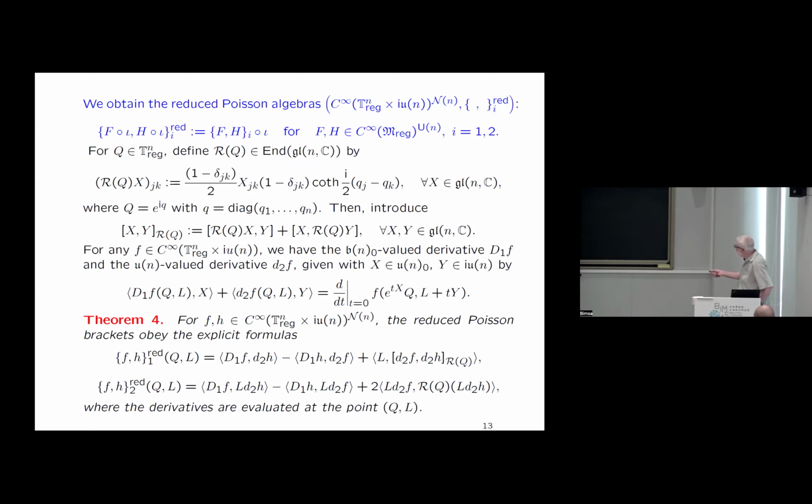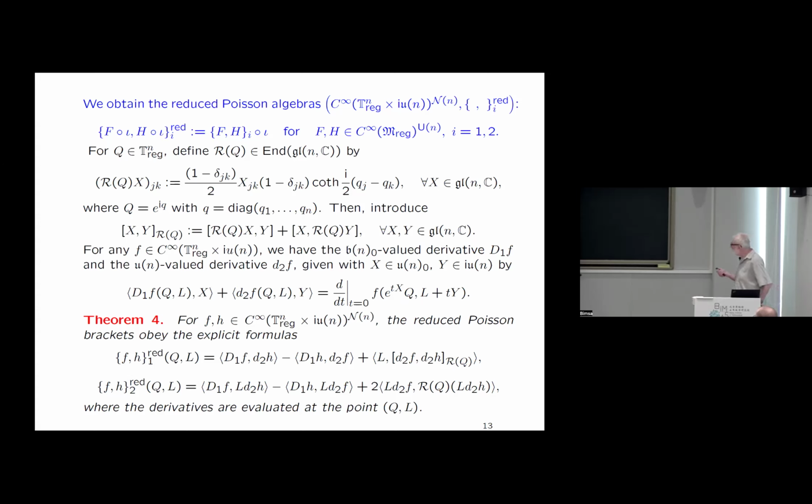This iota is the embedding of our slice into the phase space. So this F circle iota, not iota, this is the restricted function. So the reduced Poisson bracket of the restricted function is by definition the original Poisson bracket, we take the original Poisson bracket restricted. And this gives Poisson structures on the space of functions.